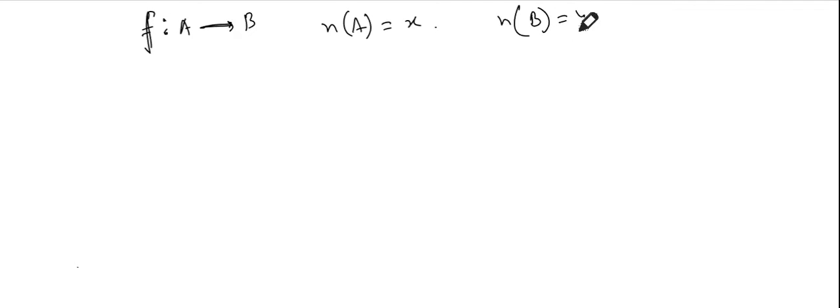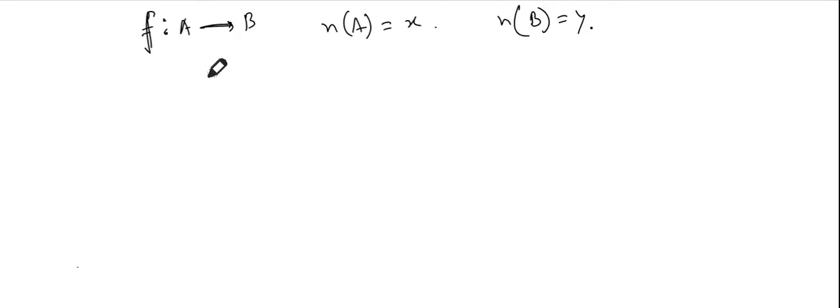Suppose f is a function from A to B. This is written as f is a function from A to B, A set to B set. Suppose the number of elements in A is equal to x, and the number of elements in B is y.